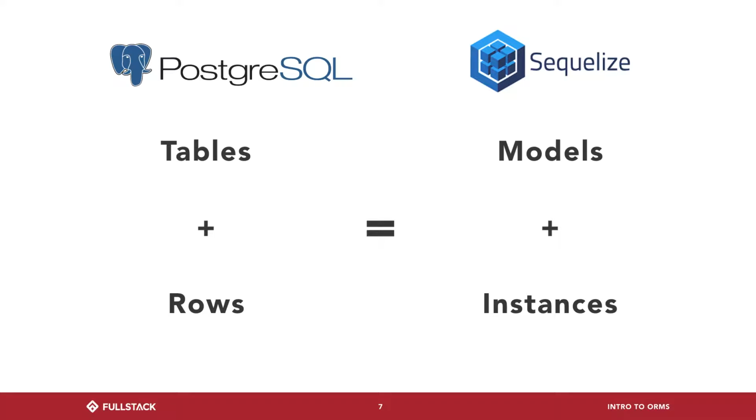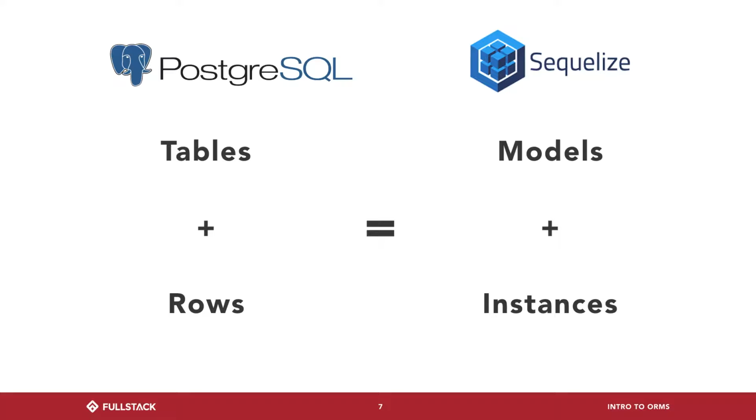But let's talk more about Postgres versus Sequelize. In Postgres we had our tables and our rows, literally equivalent to Sequelize models and instances. Models are classes. A Sequelize model will directly correlate to a table if you save it as a table, but you define it as a model, and you define the schema in Sequelize, and it does not necessarily have to be in your database.